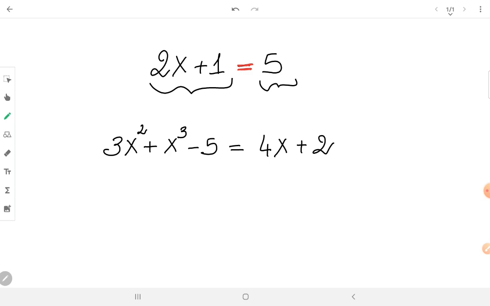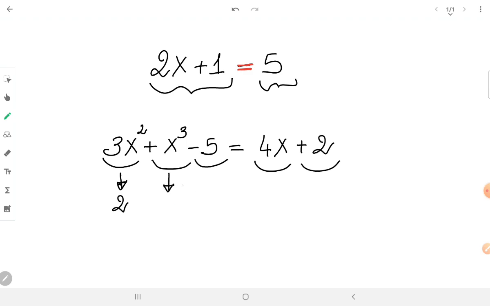Then we have in the first member 3 terms added, and in the second member 2 terms added. In the first member, the first term appears with the exponent 2.